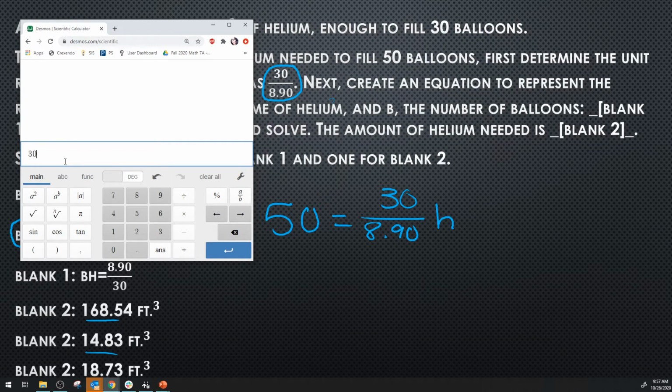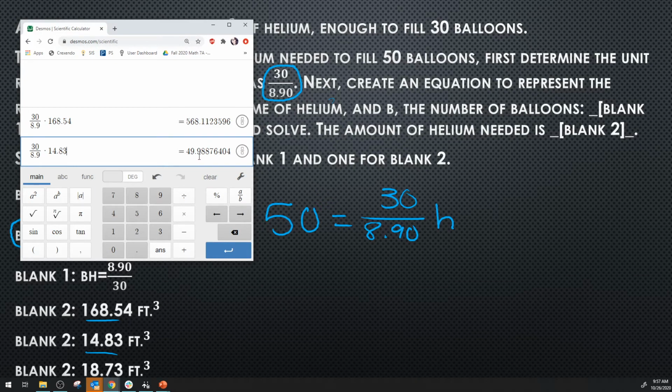So 30 over 8.9, let's multiply it by that first answer, which is 168.54. Well, that is way too much, right? So let's try the next one, 30 over 8.9, and I'm going to multiply that by 14.83. This one is very, very close to 50.